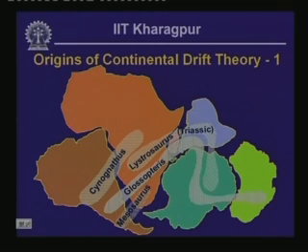For example, Cynognathus, this is basically a reptile of the Triassic age, and Lystrosaurus, this is another Triassic species. Cynognathus is found across the continents of South America and Africa, and fossils of Lystrosaurus were found across Africa and India.